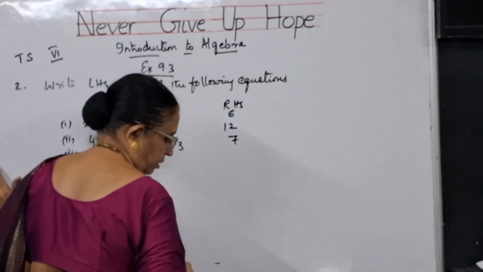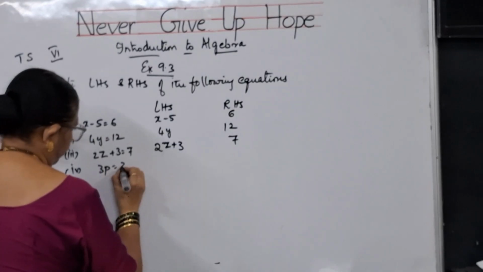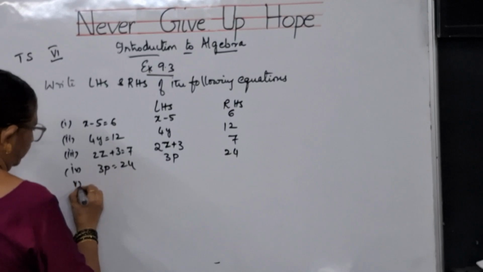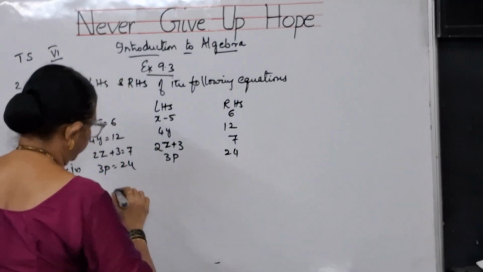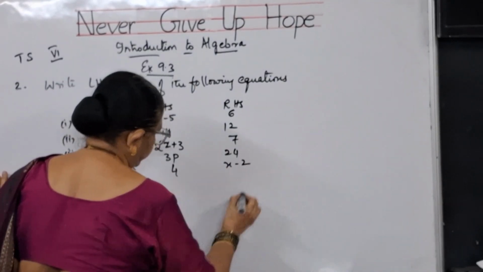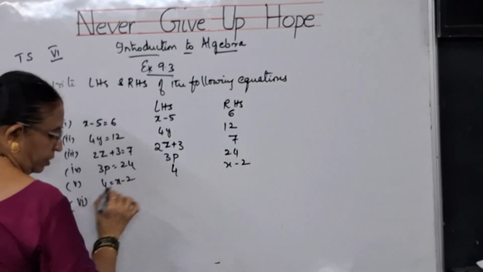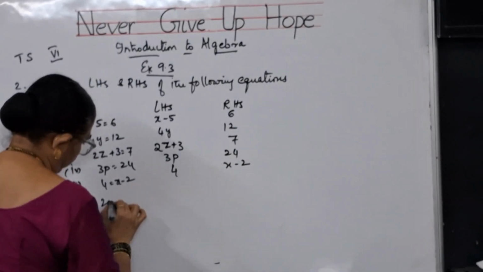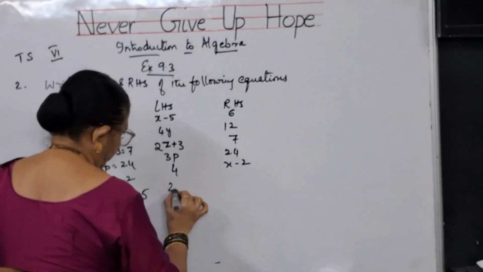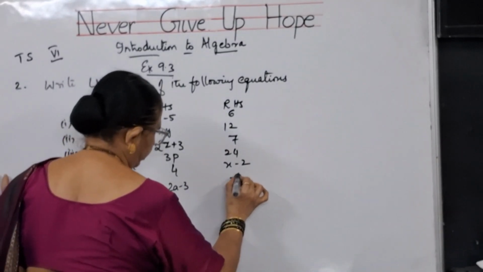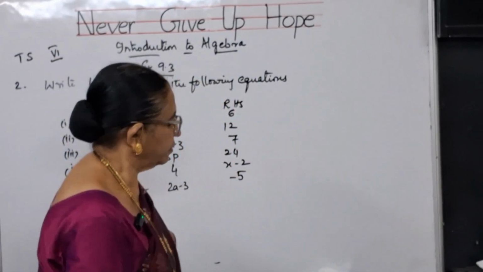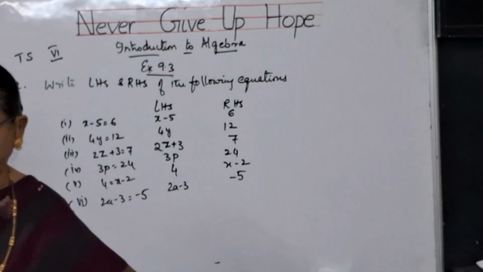Fourth one, 3p is equal to 24. 3p LHS, 24 RHS. Fifth one, 4 is equal to x minus 2. 4 LHS, x minus 2 RHS. Sixth one, 2a minus 3 is equal to minus 5. 2a minus 3 LHS, minus 5 RHS. This is second sum, children. Please note it down.